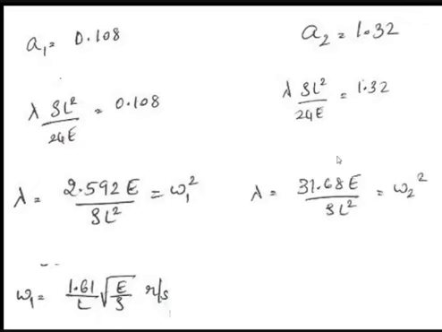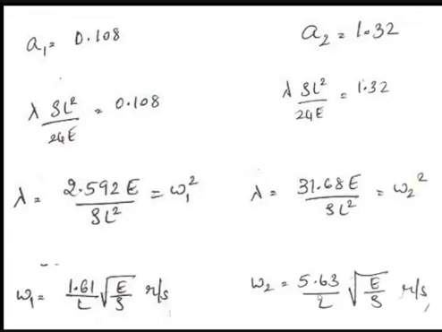So if I am doing that, lambda is equal to 24 into 1.32, that is 31.68 E divided by rho L square, which is omega 2 square. So find out omega 2, which is 5.63 divided by L, root of E by rho radian per second. This is how we find out the natural frequency.